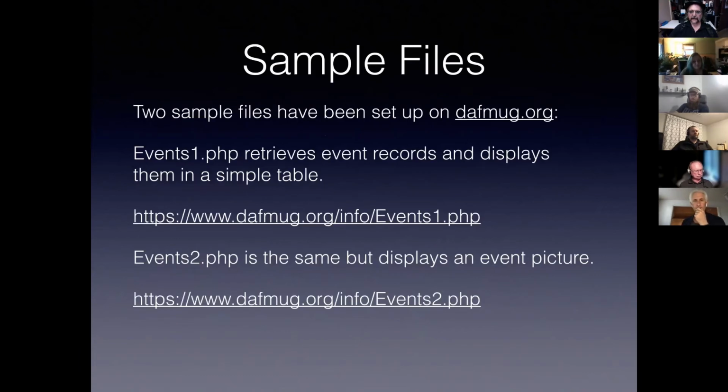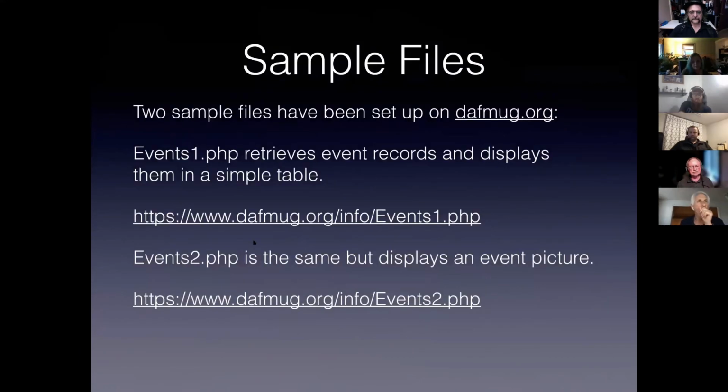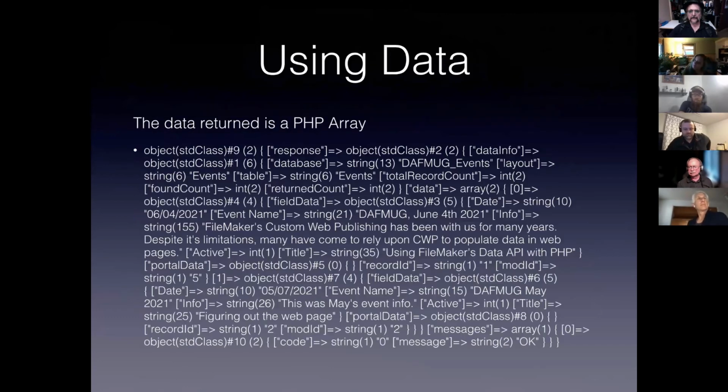So sample files, I put in 2 of them. Let's see if I can copy these out. Oops. The source and the code for this is included in that document, in that zip file. So when you run that query, this is what we get back.